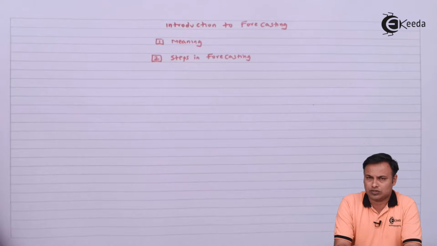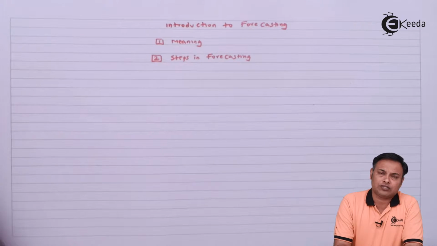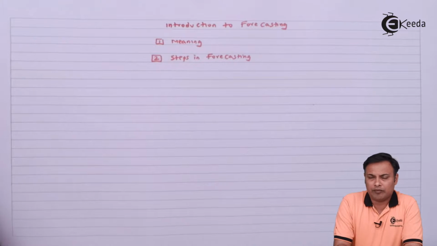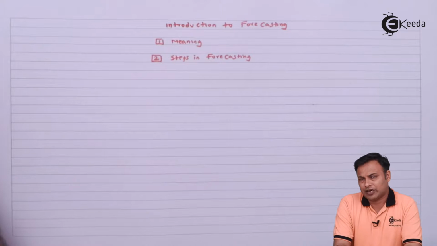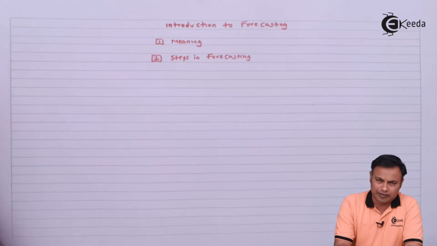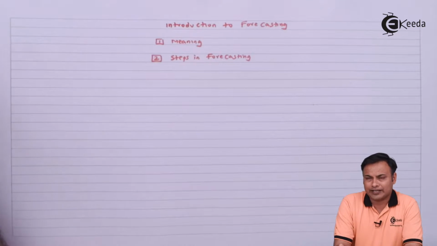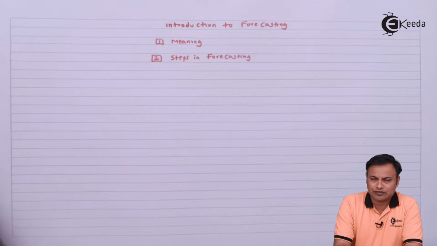The fourth step will be to collect the information for the forecasting, which can be collected as primary data or secondary data. Under primary data, I am collecting the data myself, so the data will be more reliable and might be more accurate.